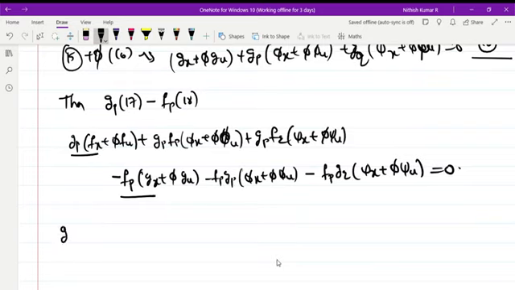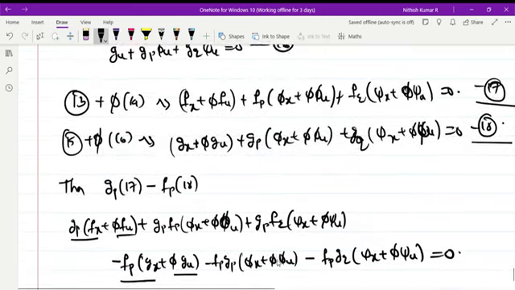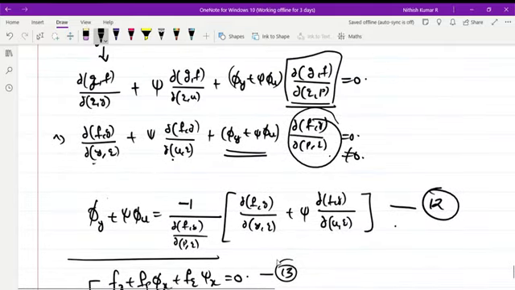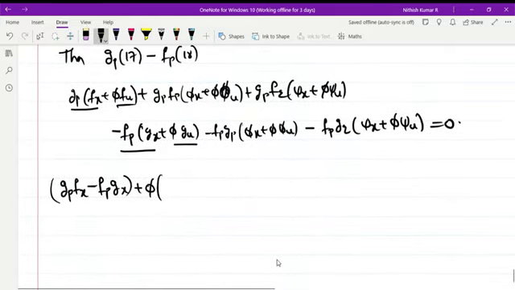Wait a second. So now multiply by minus fp the equation 18. So it is minus fp into gx plus 5 into gu, minus fp into gp into phi x plus 5 into phi u.